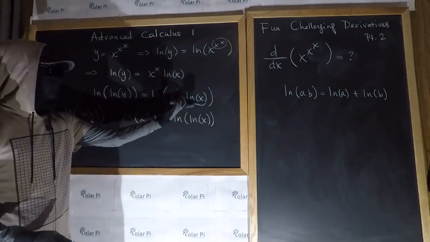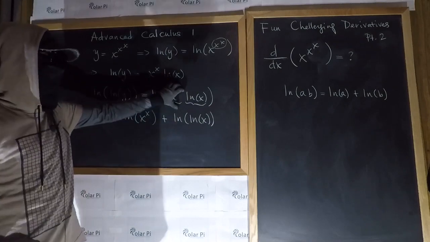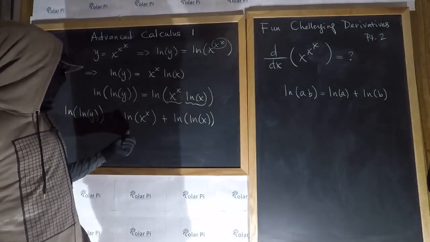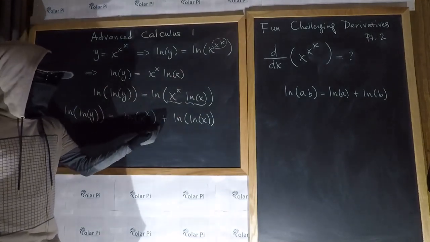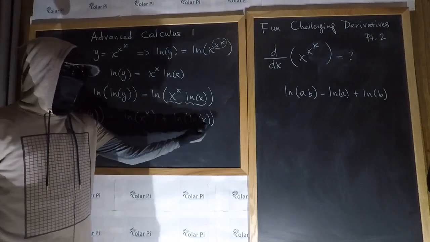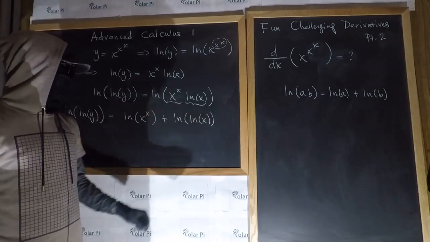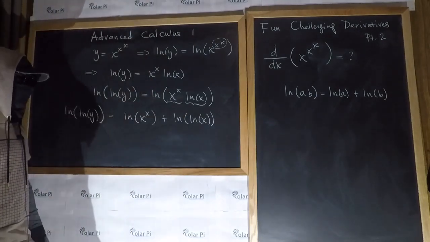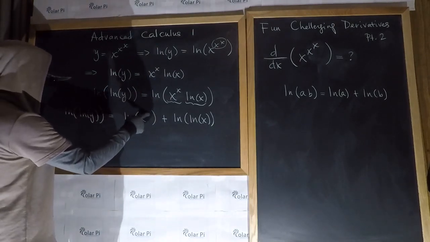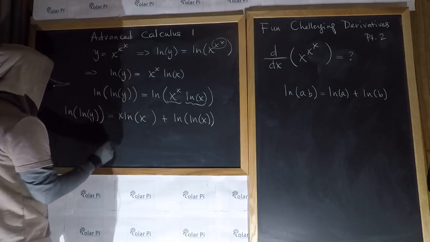I'm saying a is x to the x and b is the natural log of x. So we get the natural log of a plus the natural log of x, where the natural log of x here is b, and this here is a. But notice that in this part I can apply the power rule for logs one more time.